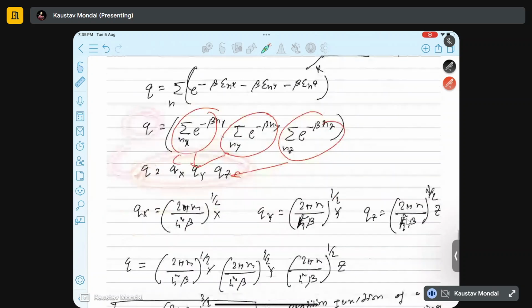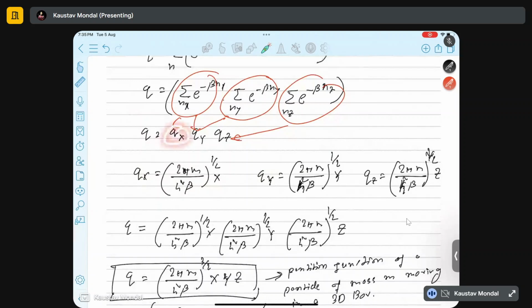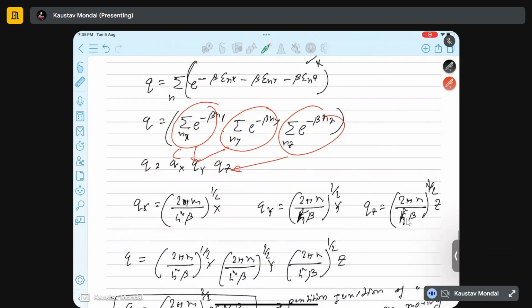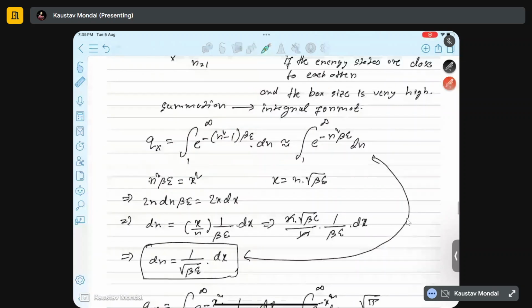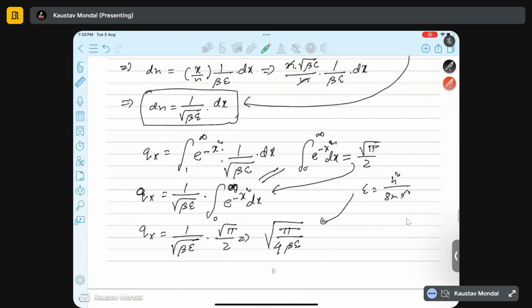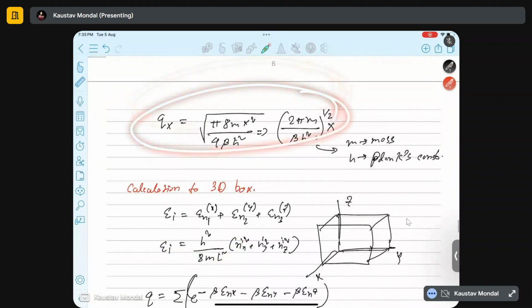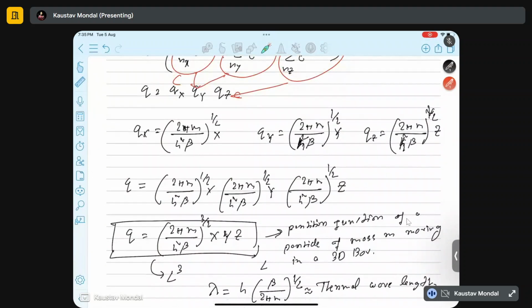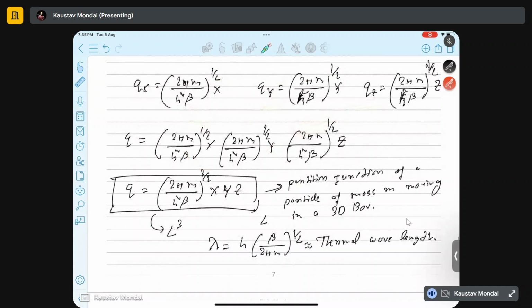Now qx, qy and qz we can individually calculate the same way as we calculated in the one-dimensional case. Similarly qy and qz will give a similar result. Now we substitute qx, qy, qz here.